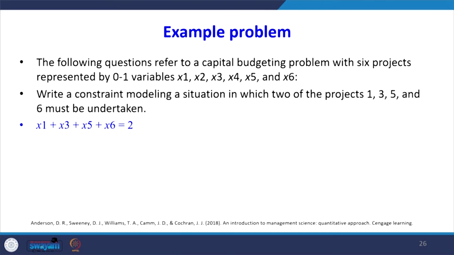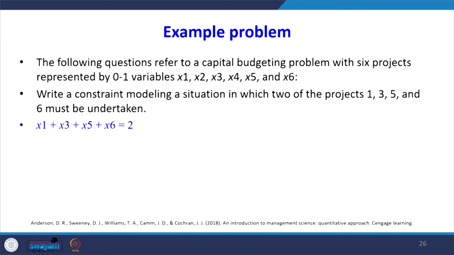Now, we will go for some more flexibility in the binary variables. The following questions refer to the capital budgeting problem with the 6 projects represented by 0, 1 variables: X1, X2, X3, X4, X5 and X6. Now, write a constraint modeling a situation in which 2 of the projects 1, 3, 5 and 6 must be undertaken.